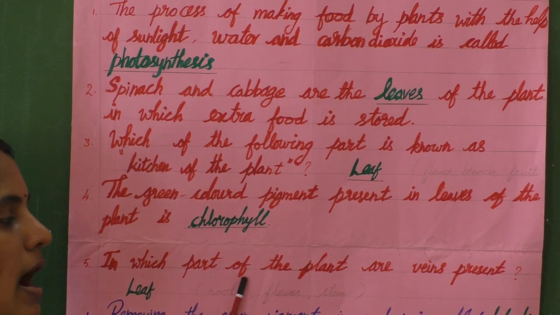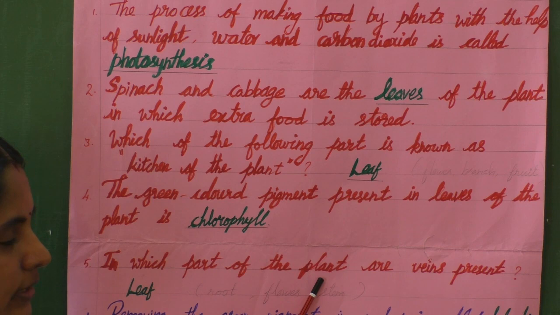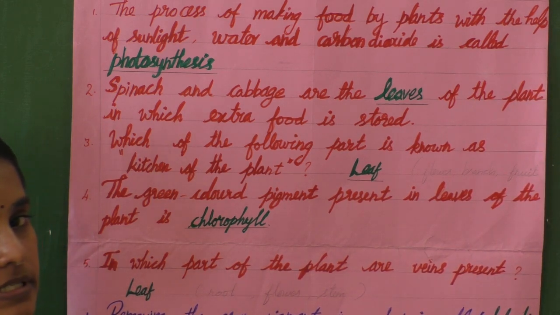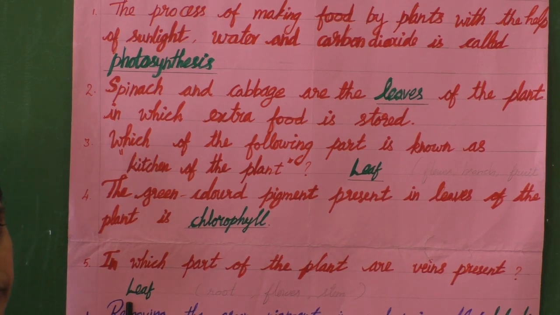Then go to the fifth one. In which part of the plant are veins present? Leaf. Again they give options root, flower, stem, but where can we see veins? In leaf.